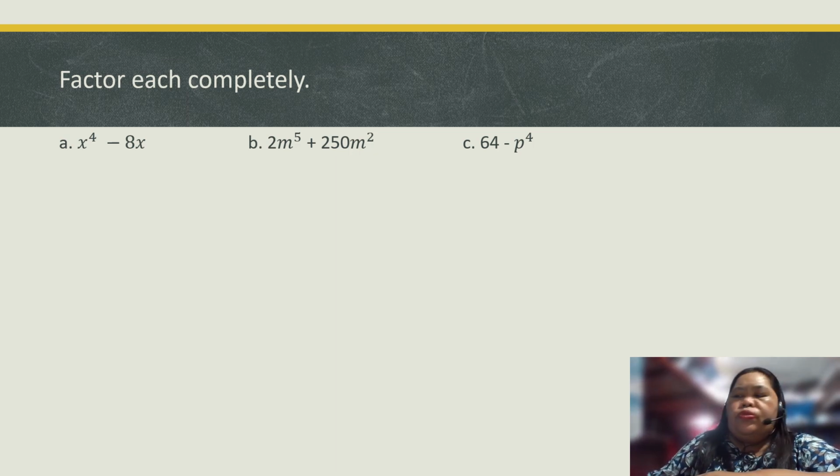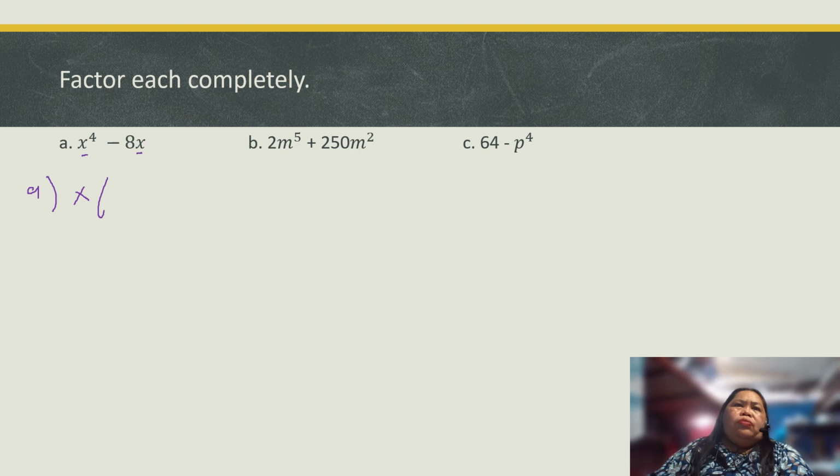First, we need to factor out the GCF, which is x here. So what remains is x cubed; we just subtract the exponents, 4 minus 1 is 3. And then, of course, the common factor is x, and the other term is 8.